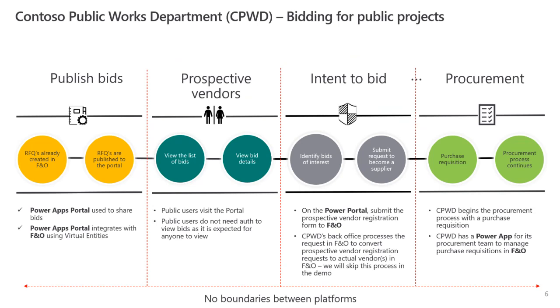But you could just as easily enable a number of additional entities that allow vendors to sign into the portal and actually create and edit those bids directly on the portal. You could also use the out-of-the-box vendor collaboration portal that supports that functionality as well.